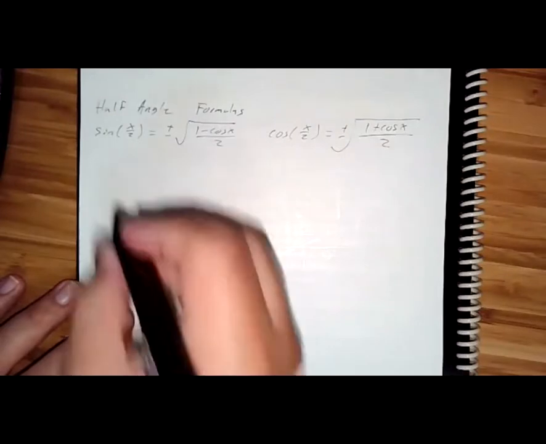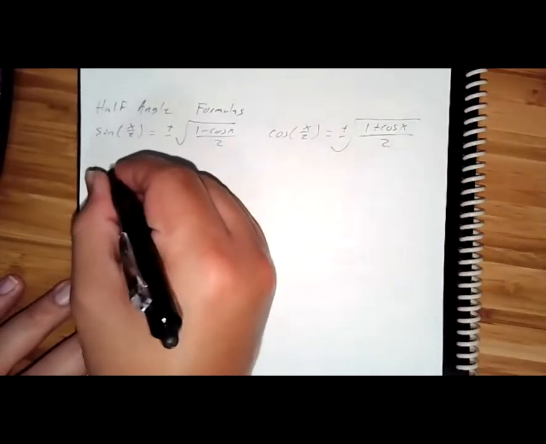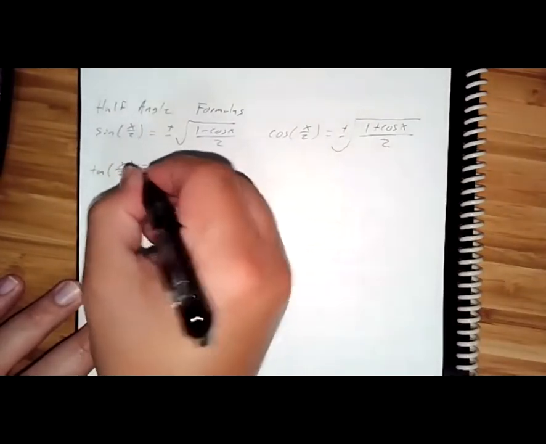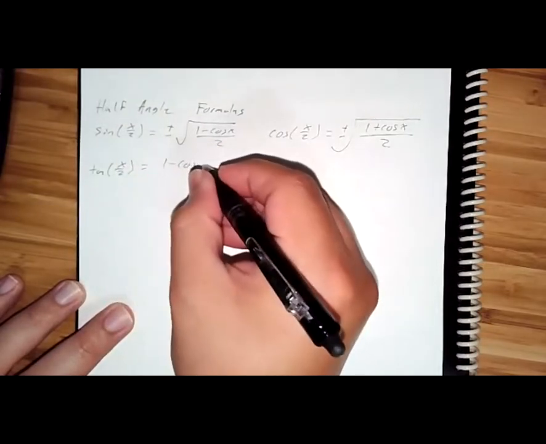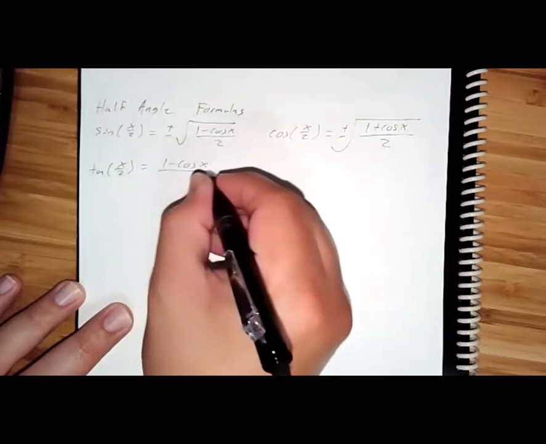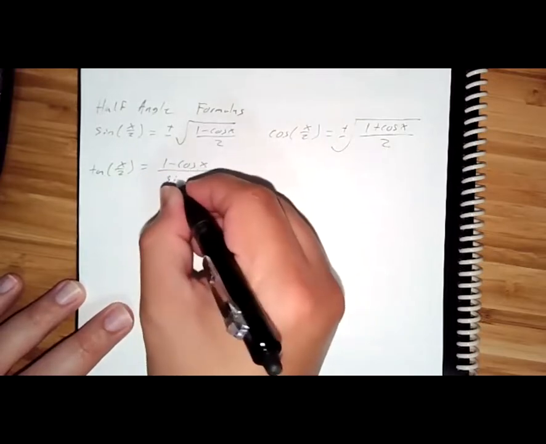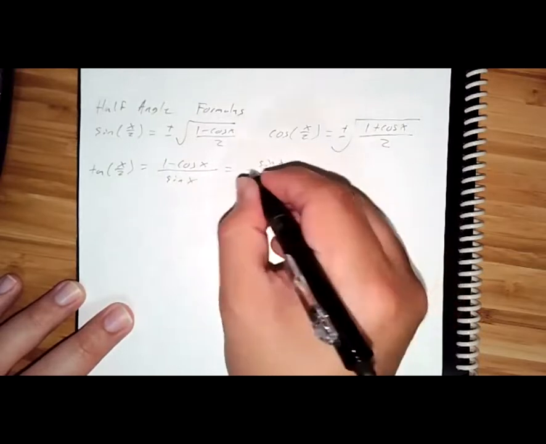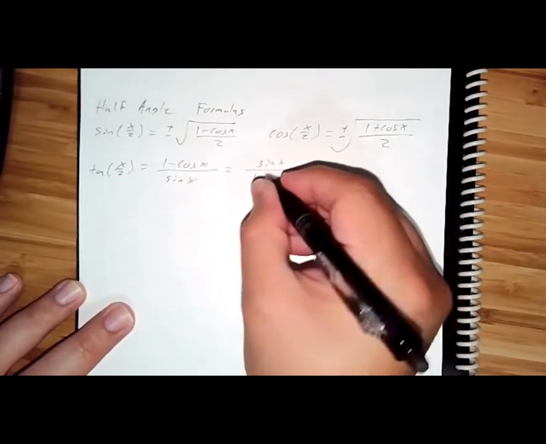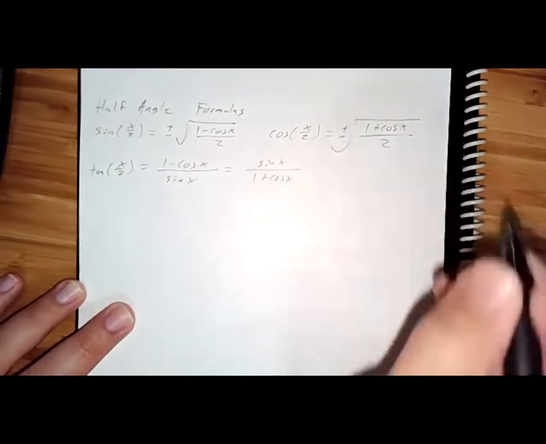And then the tangent has two forms. That will be 1 minus cosine x over sine x, or you could use sine x over 1 plus cosine x.